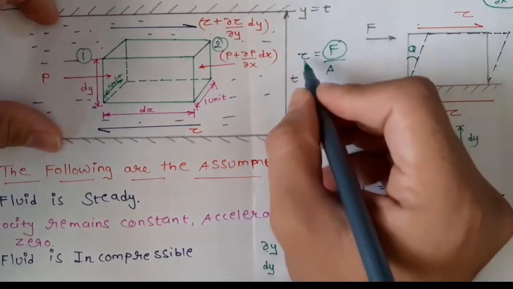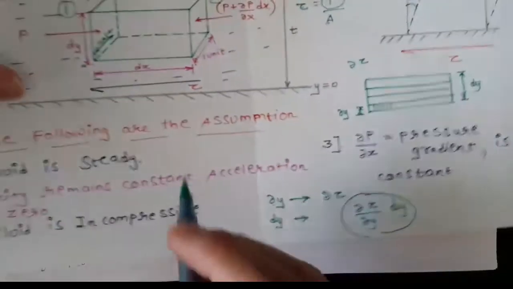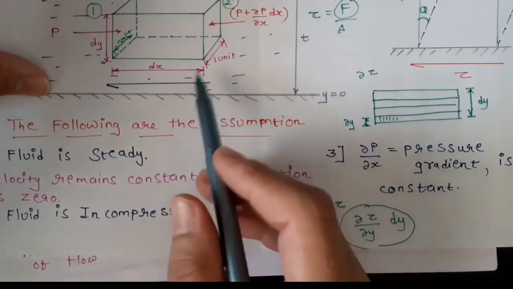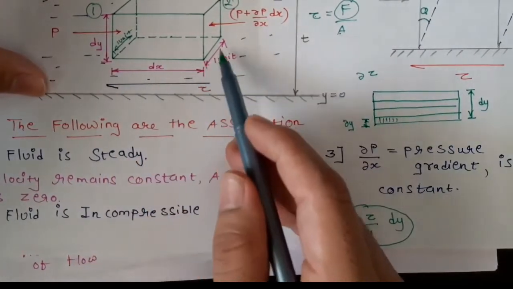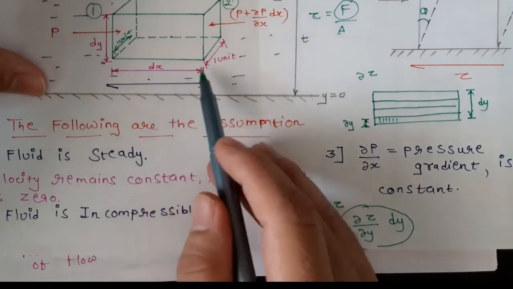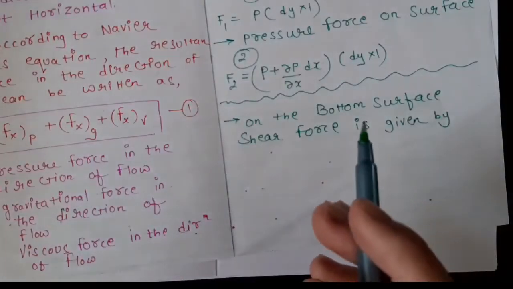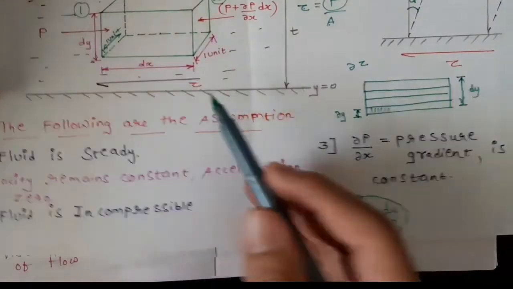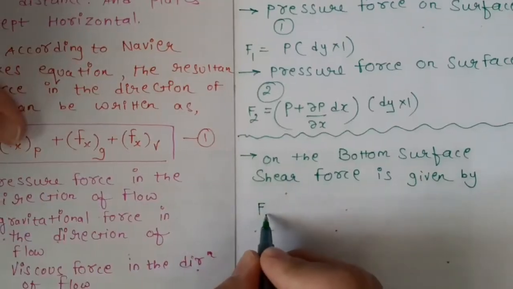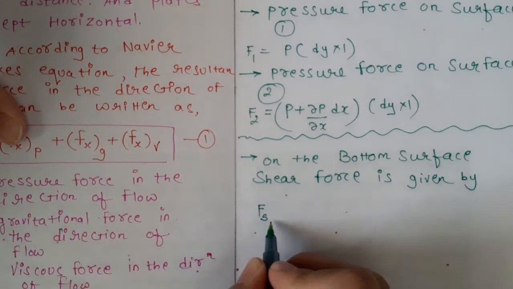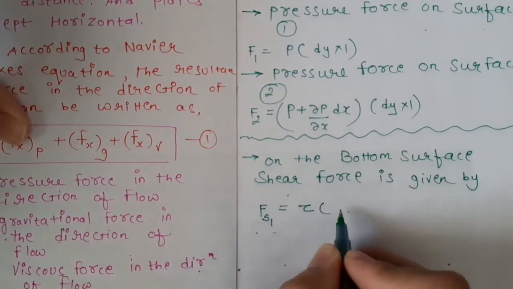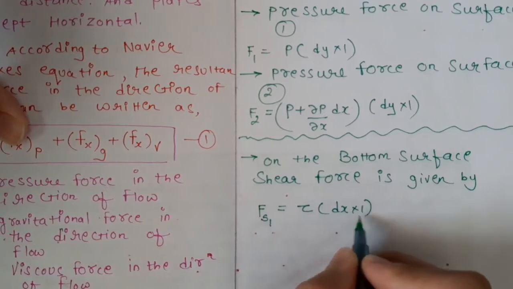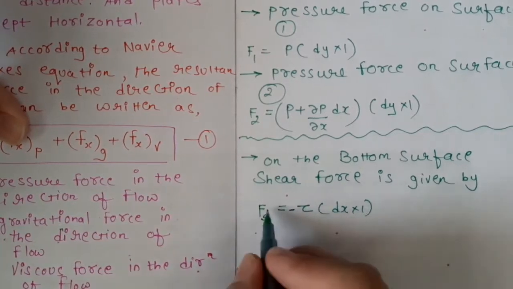So the shear force equals tau into area. Shear force will be this tau into the area of the bottom surface. The length of the bottom surface is dx and its thickness is 1 unit, so the area will be dx into 1. But as this tau is in the negative x direction, the force will be negative. So Fs1 equals tau into area, that is dx into 1, and this will be negative.